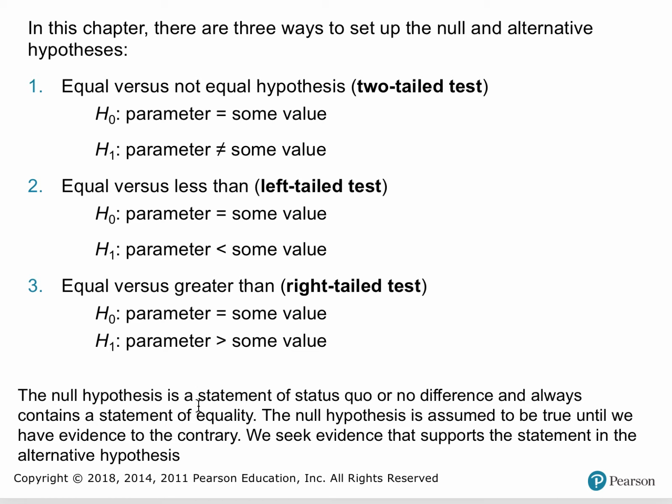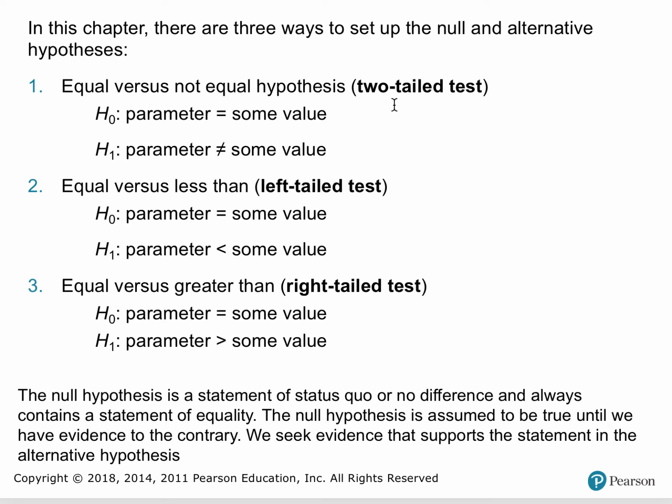The null hypothesis is a statement of status quo or no difference and always contains a statement of equality. Always look at the null hypothesis. It always has the equal sign. The null hypothesis is assumed to be true until we have evidence to the contrary. Okay? We are seeking evidence that supports the statement in the alternative hypothesis. Okay? Left and right-tailed tests are referred to as one-tailed versus the two-tailed.